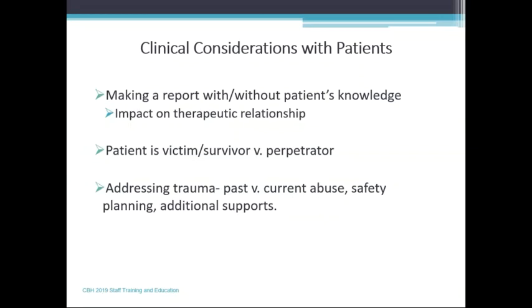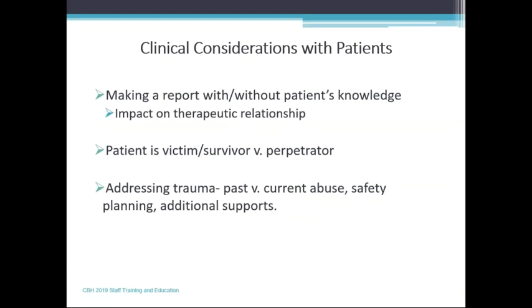So just to hit on some of the clinical considerations that can occur when you're dealing with mandatory reporting, duty to warn, all these different scenarios: how do you develop and maintain that therapeutic alliance if a patient feels like there is something that they have shared with you and now you've made a report, and whether that was with or without their knowledge? And if it is without their knowledge, then why was it without their knowledge?